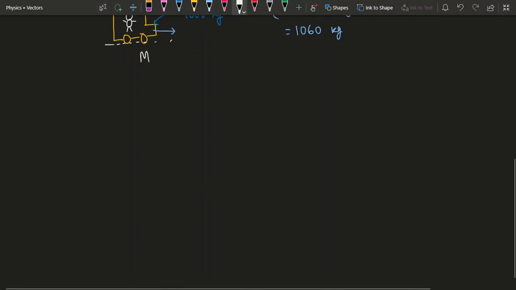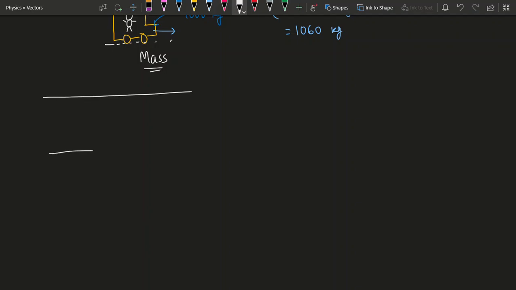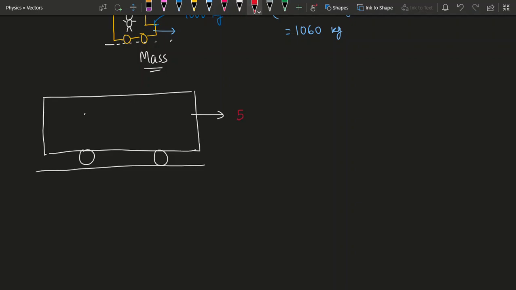Now assume some different scenario. In this scenario we talked about the mass of an object. Let's assume that you are in a train, and this is the coach of the train, and as the train moves forward, this is very roughly a representation of the train, let's say with velocity 5, you as a person run inside the coach with speed 7, and that would not make sense, right?